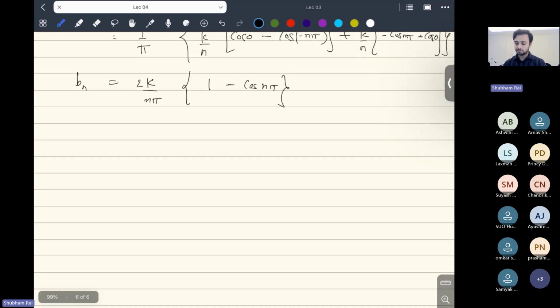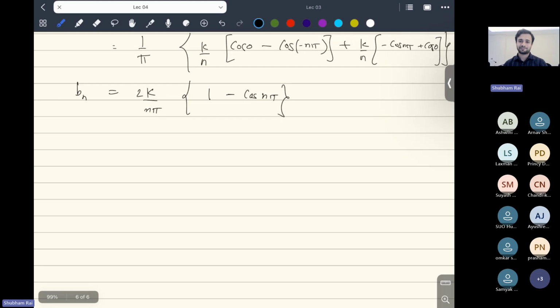Okay. So Bn is non-zero, obviously, because if everything goes to zero, then what is the point of having a Fourier series? Anyway, let's substitute this in the Fourier series. So our Fourier series is f of x equal to, a0 was 0 and an was also 0, so finally we'll get bn only. So n going from 1 to infinity, we are left with bn sine n pi x by l, right?